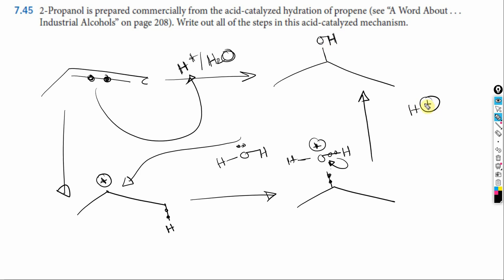This proton is essentially going to make sure you have a balance in your concentration of H plus, because before the mechanism started you had one H plus, and the H plus was consumed in the reaction mechanism, and at the end of the mechanism one H plus is being kicked out. That means it's going to go back and perpetuate the cycle to continue the catalytic process of converting your alkene to the alcohol here. So that is pretty much what you need to know for the mechanism for conversion of an alkene to an alcohol.